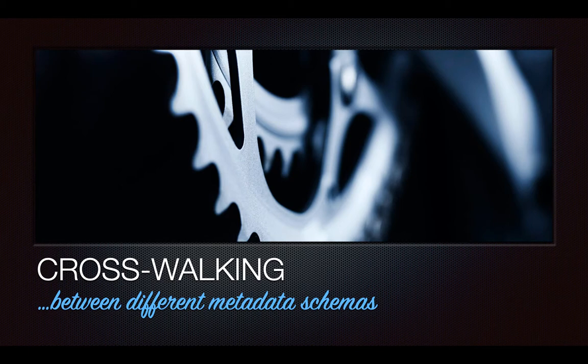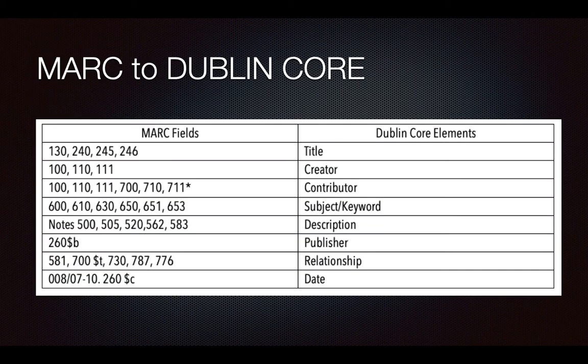If you say this, you mean that. So here are elements and values that have been translated from one schema, MARC records, to another schema, Dublin Core. So you see the MARC fields for title, the 130, 240, 245, and 246 all relate to the Dublin Core element title.